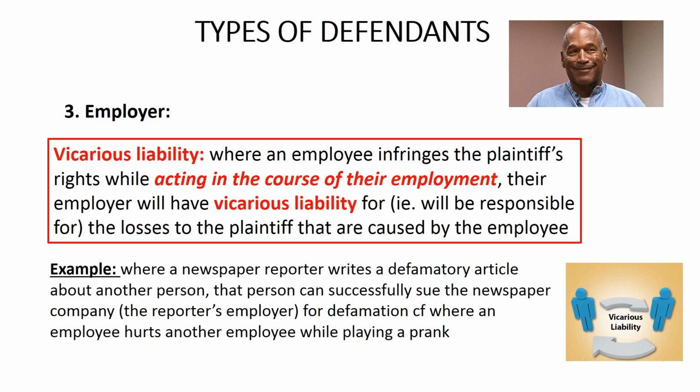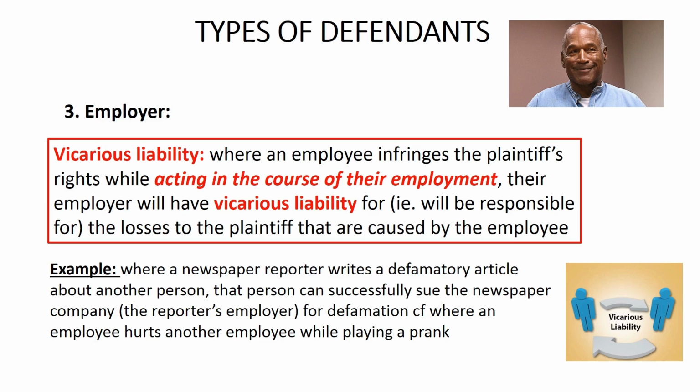However, the defamed person can also sue the newspaper company as the newspaper reporter's employer. This is because in writing the defamatory article, the newspaper reporter was acting in the course of their employment. The newspaper reporter's employment requires the newspaper reporter to write newspaper articles.